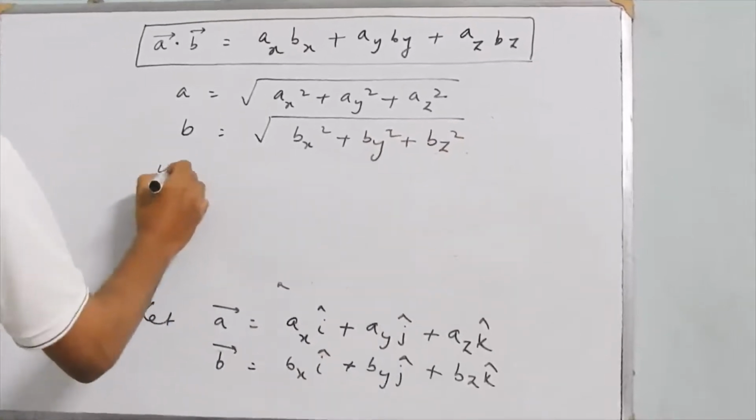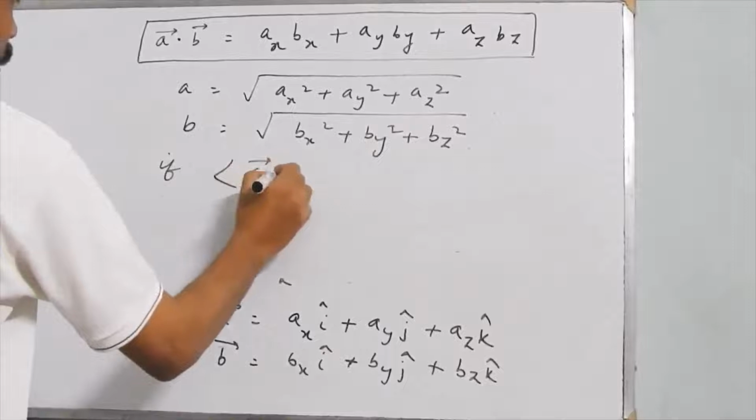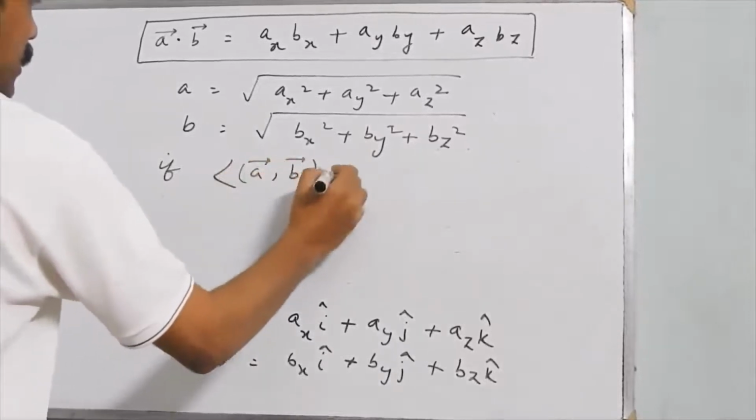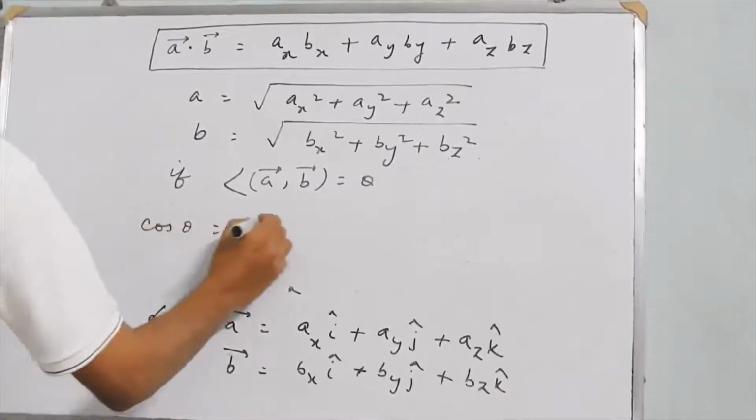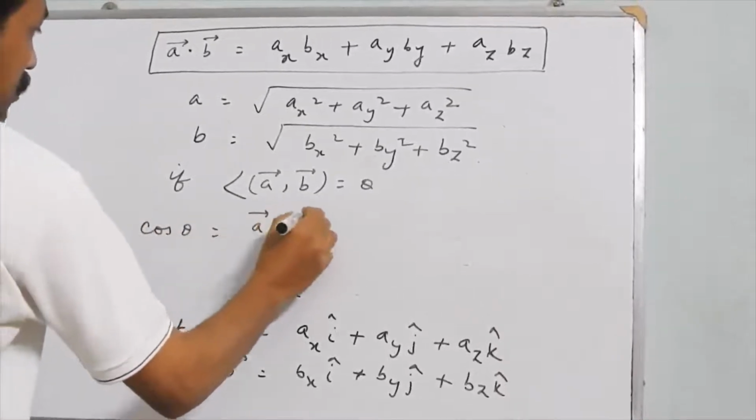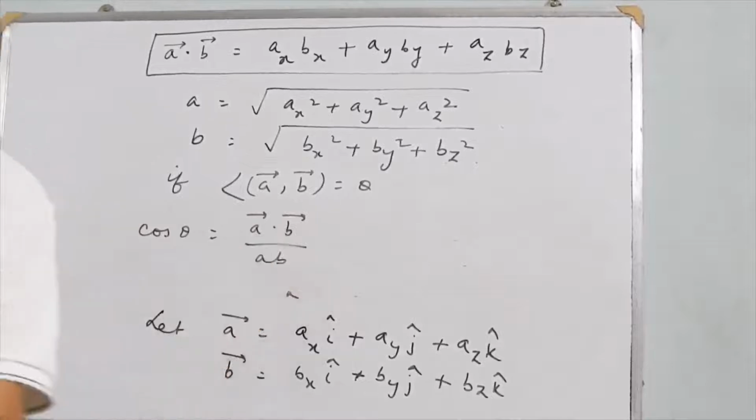Now if you know that the angle between a vector and b vector is theta, so cos theta is a dot b by ab, as I have already defined.